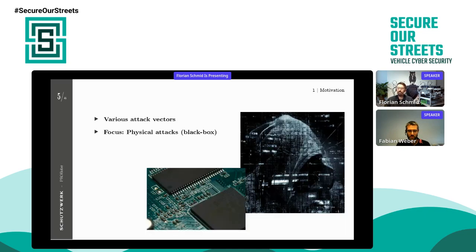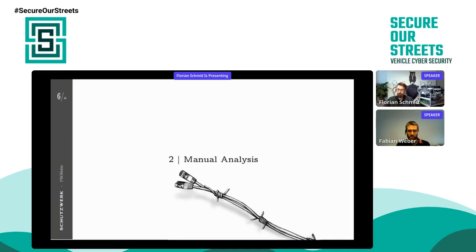In cars, there are quite a lot of attack vectors, and here we want to focus on physical attacks, and again especially on black box testing, meaning that there is hardly any information available in advance to attack such a component, at least starting with one component of the car.